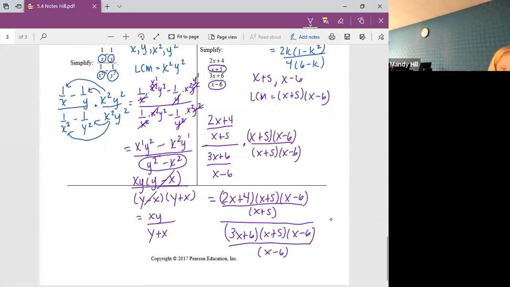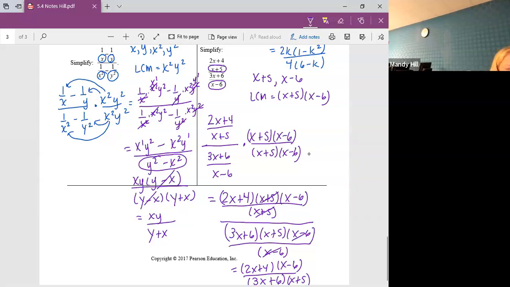Well, it's kind of easy to see that the x plus 5s are going to cancel out. The x minus 6s are going to cancel out. And so 2x plus 4 over x minus 6, times x minus 6 over 3x plus 6 times x plus 5.